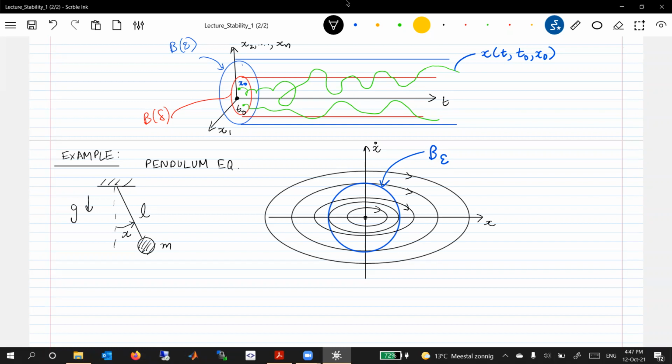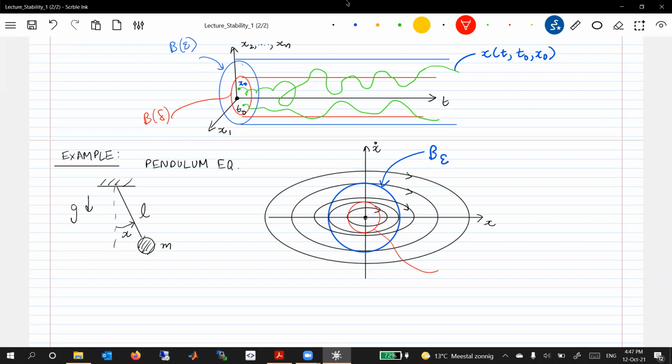And then we pick an epsilon ball, which starts here at the smaller axis of that ellipse, just to make it symmetric. Wow, that did not turn out right. Okay, third time is a charm. So now this is my delta ball.